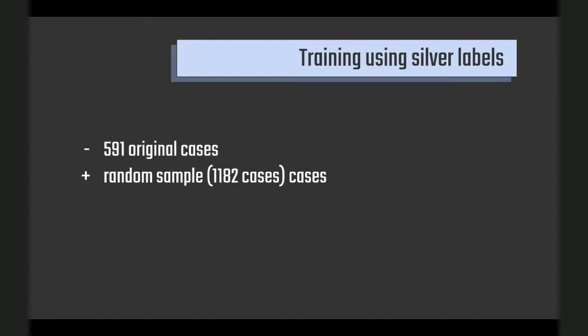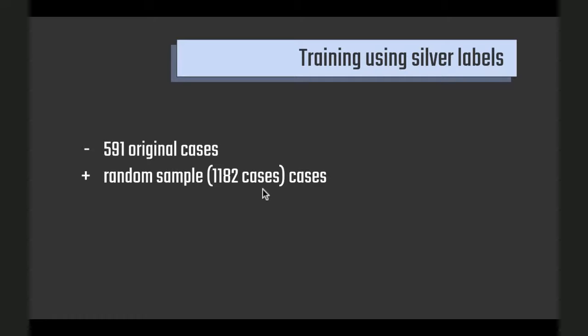And the way that machine learning works is that you really have to have cases from both categories in order to train a system that can predict whether another case is eviction related or not. However, we didn't have that kind of data. So what we did is we took a random sample from those cases, exactly double the amount of cases that we know are eviction related, and assumed for a little bit that these are all non-eviction related cases.